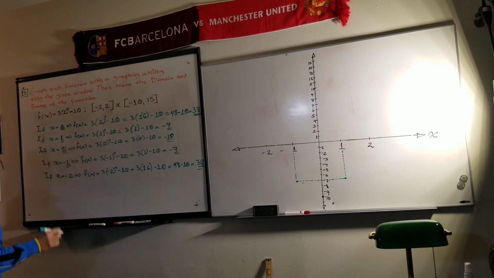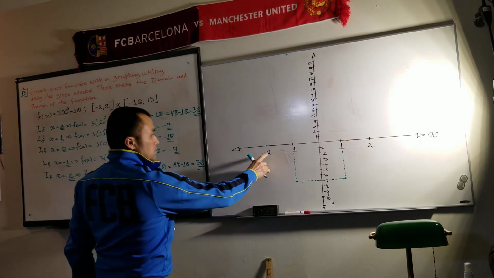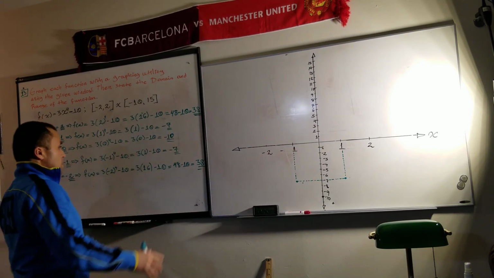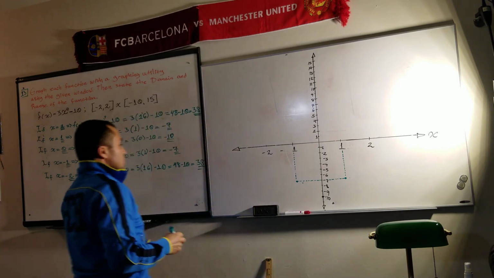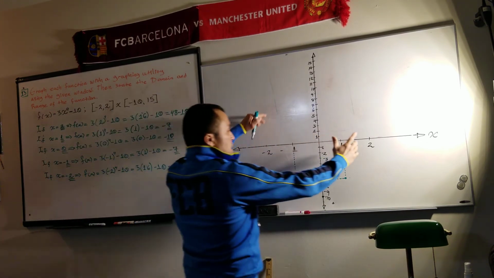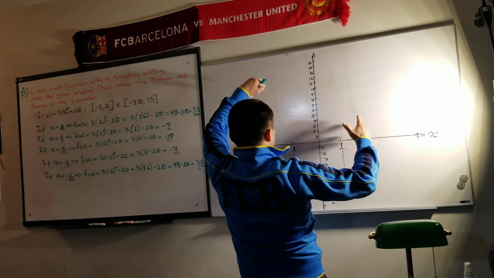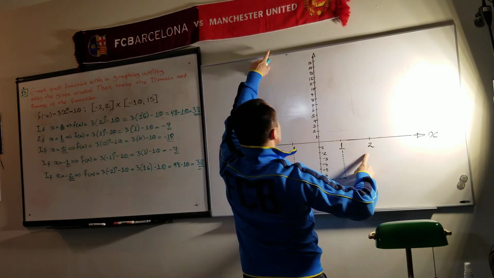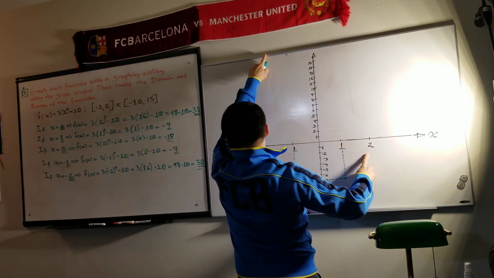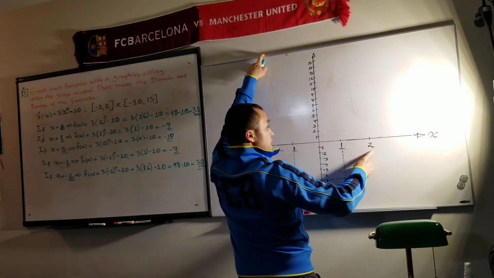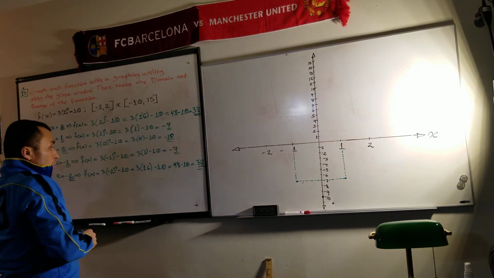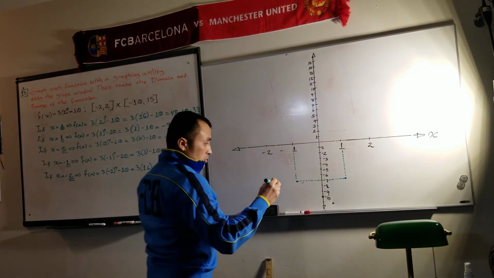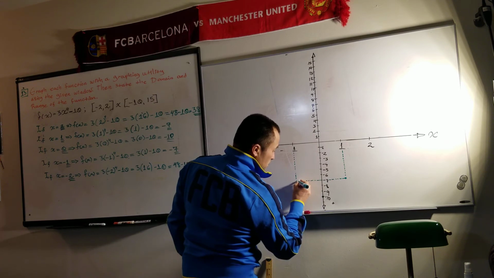So when x is equal to minus 2, f of x is going to be equal to 38. So when x is minus 2, f of x is 38, and when x is 2, f of x is also 38. So the function is going to look like this.